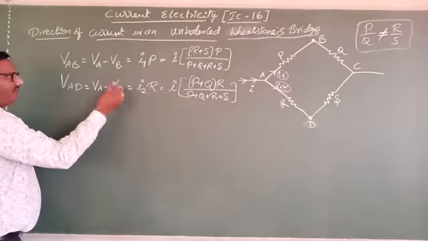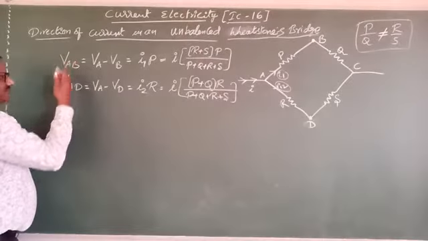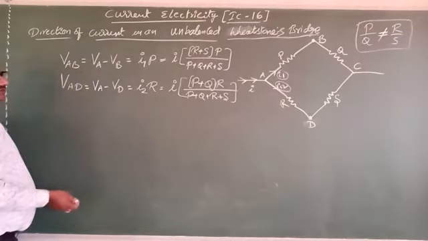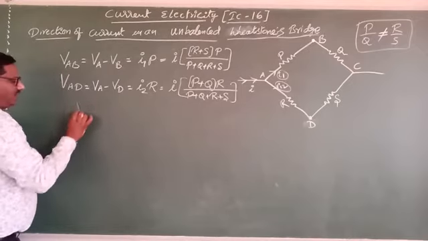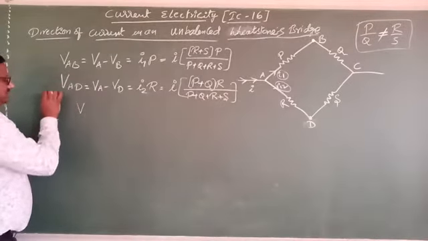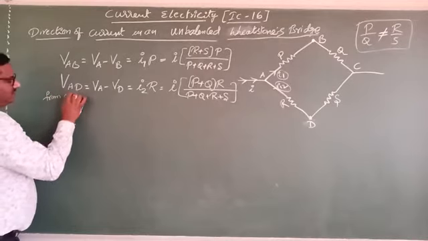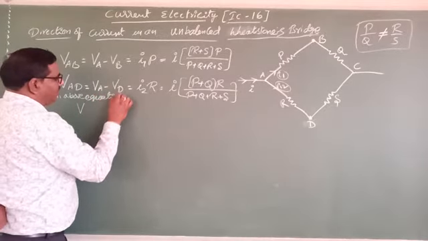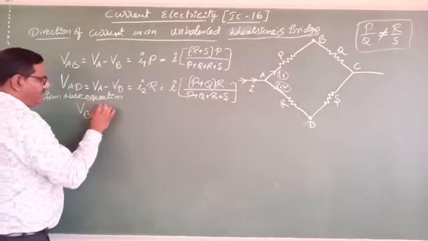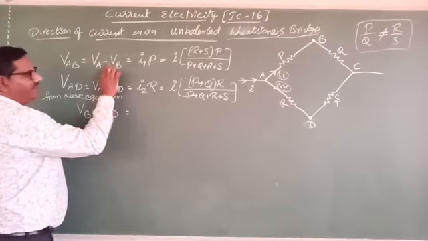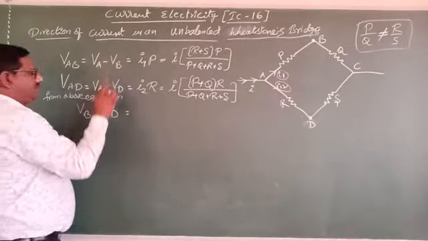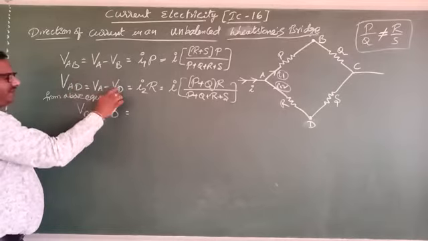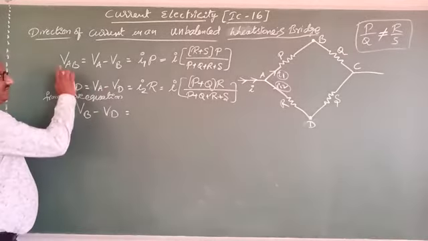So by using these two, I want to write VB minus VD. How can you get it? Very simple: VAB minus VAD.